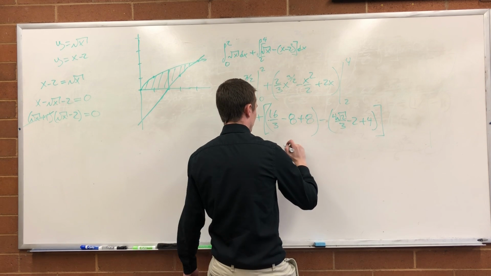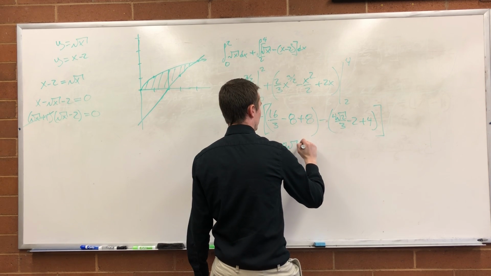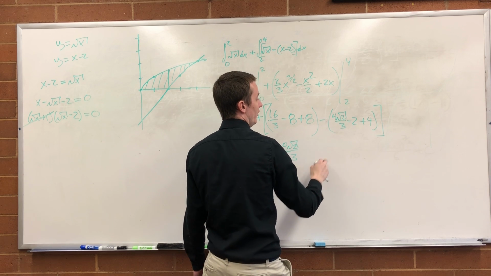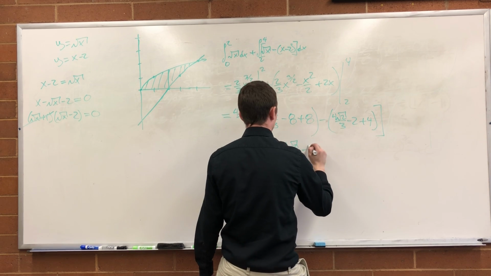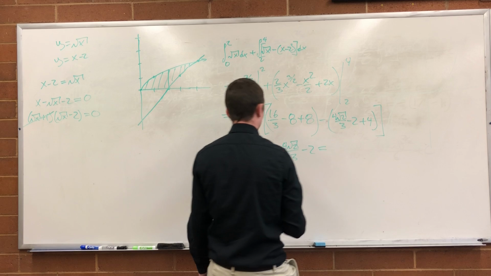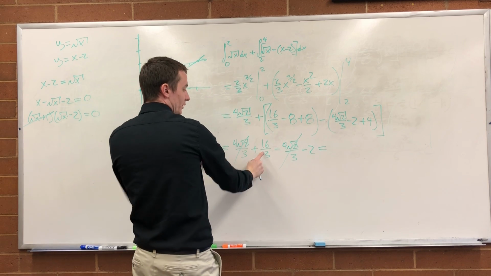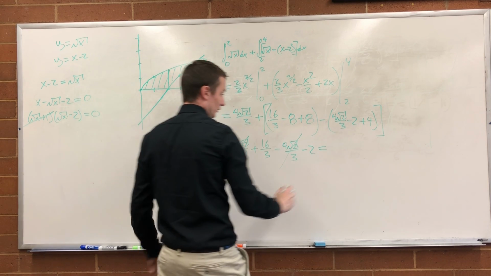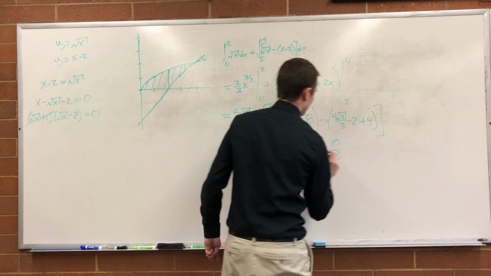So minus 4 square root of 2 over 3, and then we have minus 2, which is now equal to 16 minus 6 is 10/3.